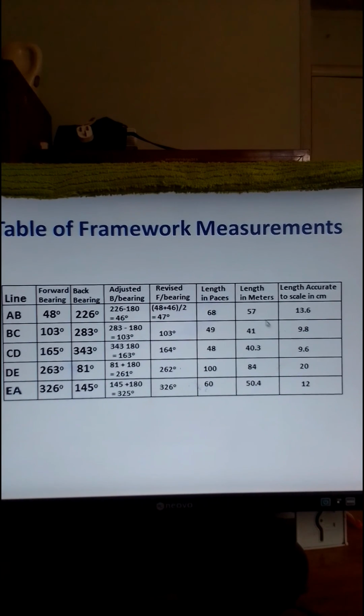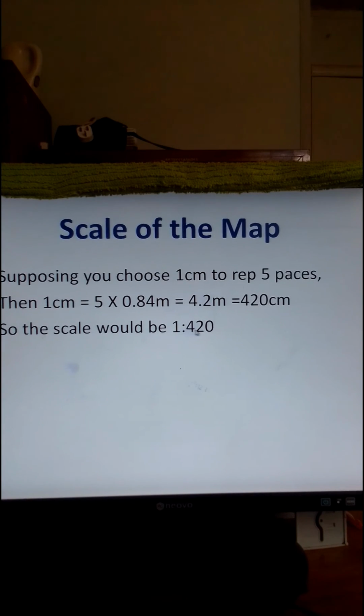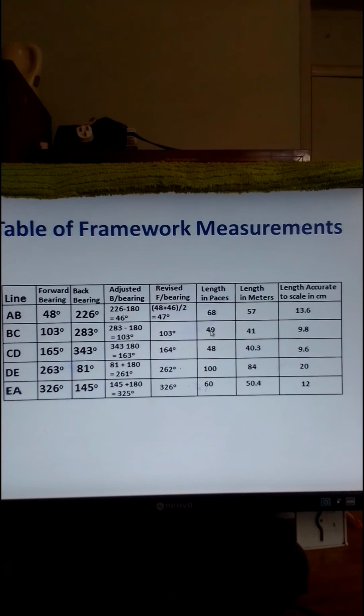Now the next column is we write the lengths in meters, we change them into centimeters using an appropriate scale. So let's say our scale was 1 to 420 as we found here. So using this scale, we convert the length in meters into centimeters so that we can draw on a piece of paper our map.